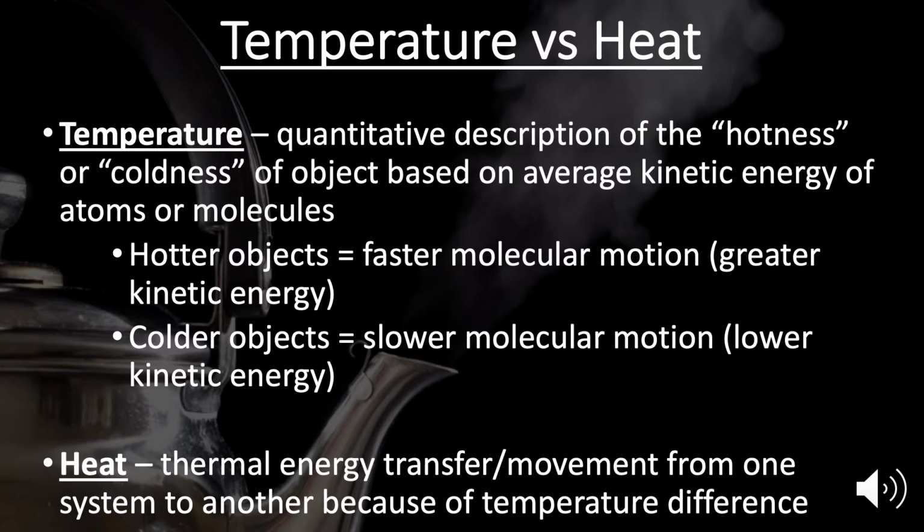Now this is super important because when things are at different temperatures, there will be heat transfer until it reaches equilibrium. When it reaches equilibrium, remember they have the same temperature and there will not be heat transfer. Alright, so the key difference is temperature is hot or cold, heat is the transfer of energy because of a temperature difference.